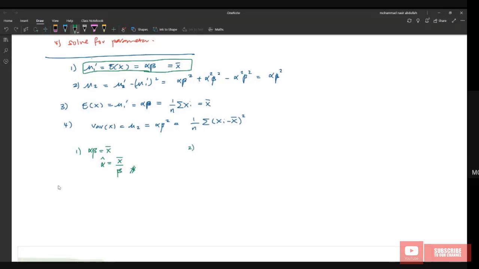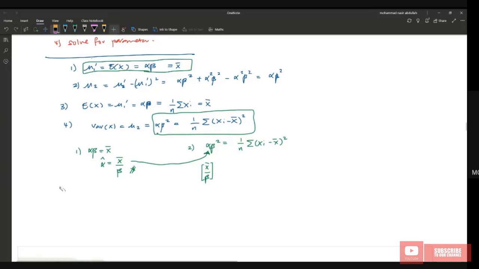For the second equation, alpha beta squared is equal to 1 over n summation of xi minus x bar squared. We substitute the value of alpha, x bar divided by beta, into equation number 2 and multiply with beta squared.